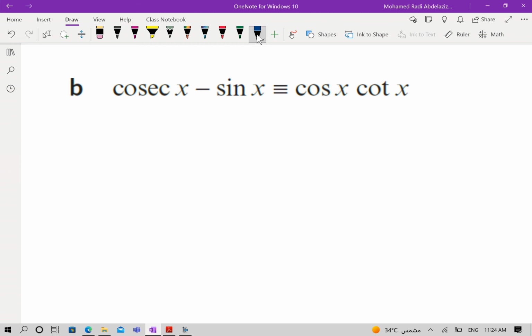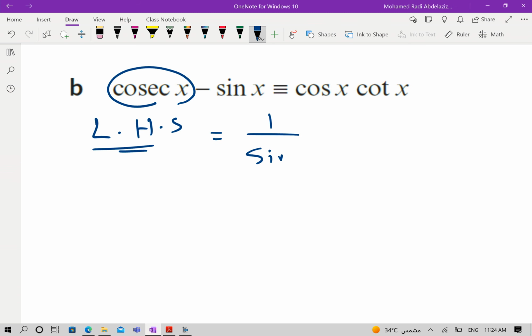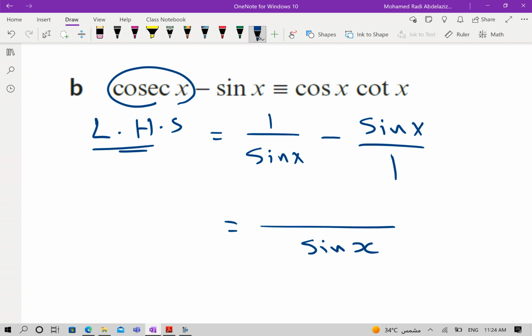All of you start with the left-hand side. Can you tell me any step if you can do it? Remove what? 1 over sine x. If you have two fractions, write it as a single fraction. The denominator will be what?